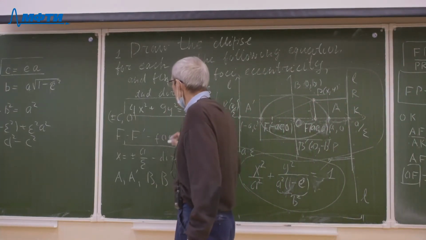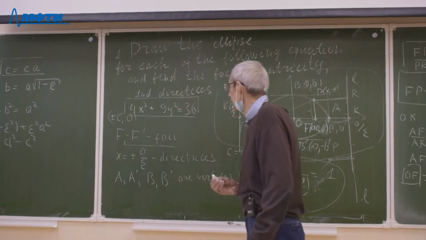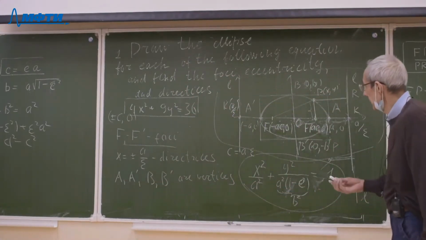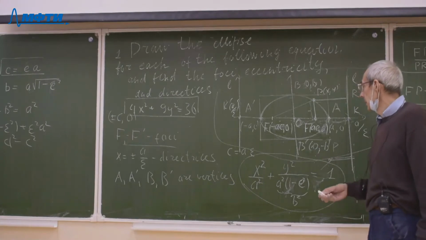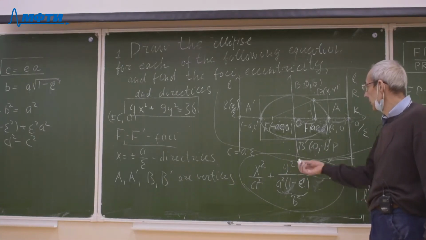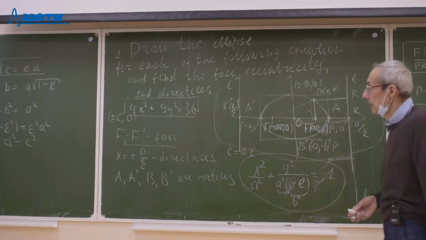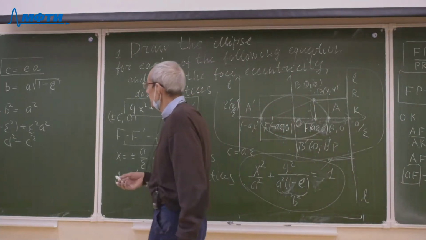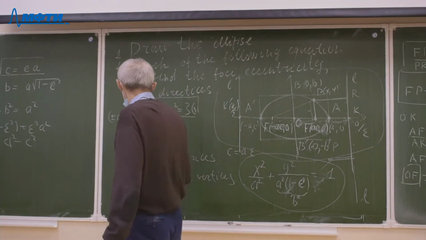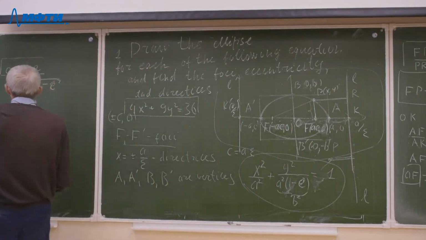It is easy to see that we have the canonical equation of the ellipse. We have the same picture as drawn above, and in this case, we can use these formulas.